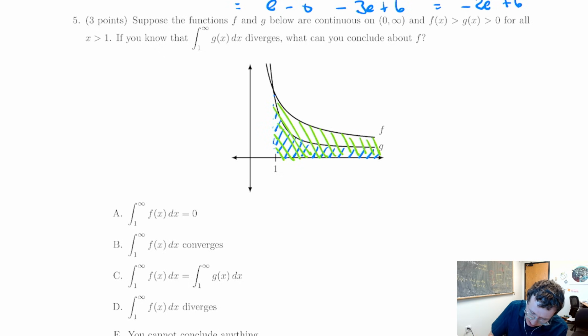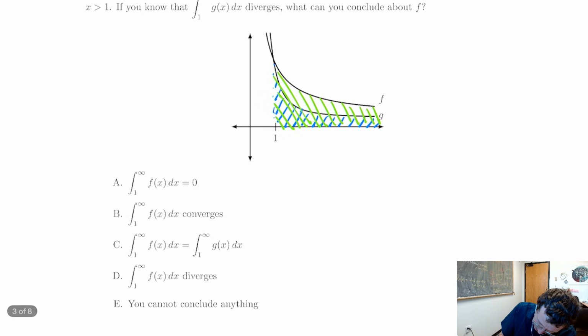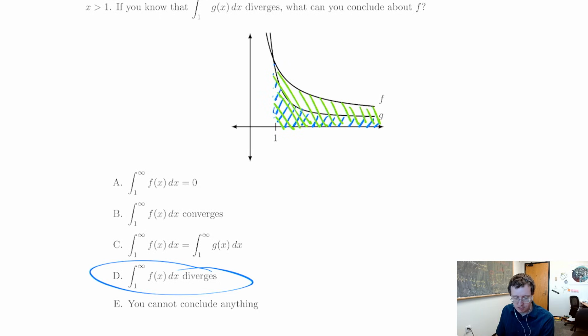And the fact that this integral diverges essentially means there's infinite area underneath g, and as you can see from the picture, there's even more area underneath f. So the integral from 1 to infinity of f diverges.